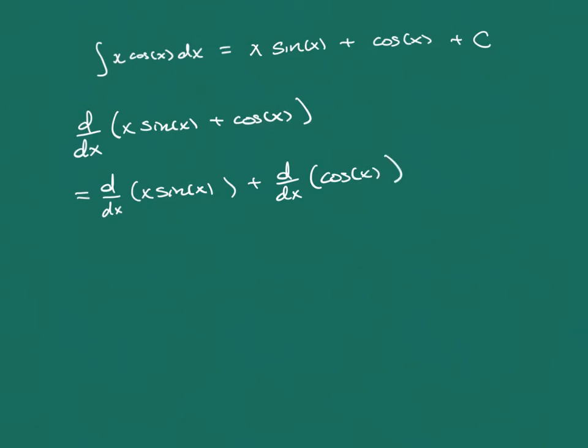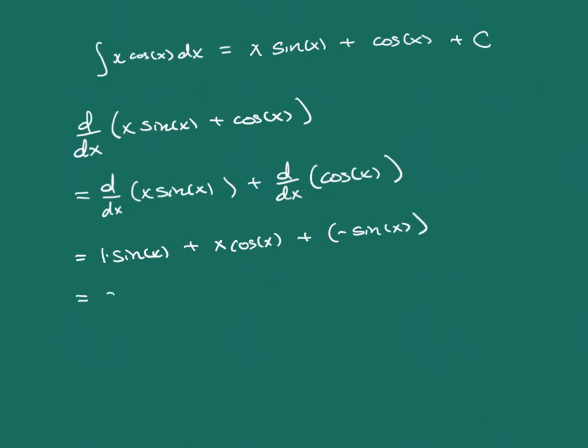Well, for the derivative of x sine of x, we use the product rule, which is going to give us the derivative of x, which is just going to be 1, times the sine of x, plus the first times the derivative of the second. The derivative of sine is going to give us cosine. Plus, now the derivative of cosine is going to give us minus sine.